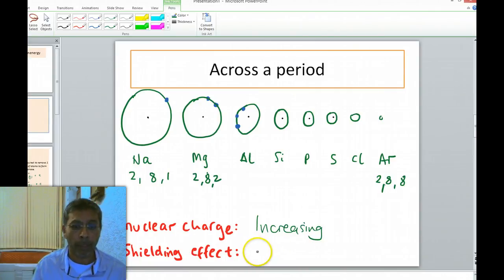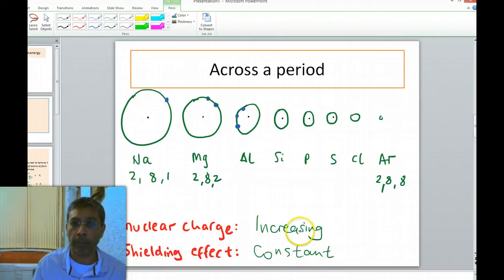Shielding effect is constant, as you know, because the number of shells stays the same. They're all in period 3, so they have 3 shells each. So the outer electron is not being shielded any more as you go across the period. The shielding effect's the same. So the effect is that the atomic radius decreases.